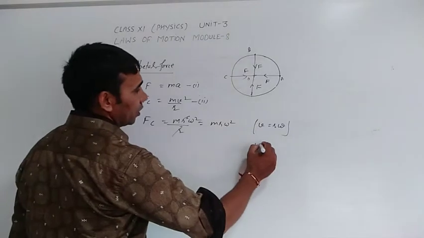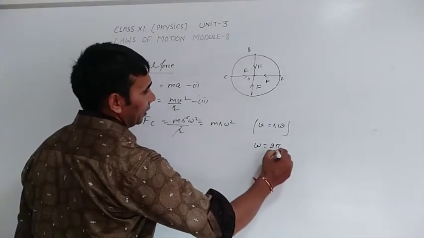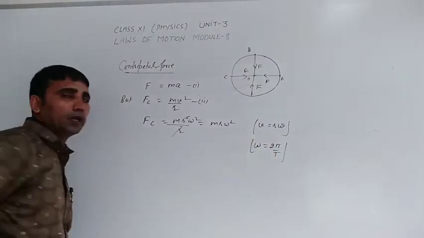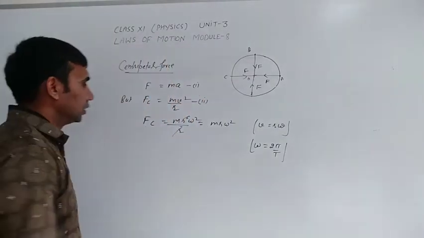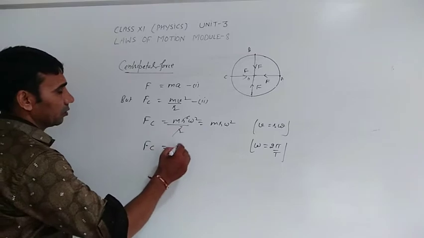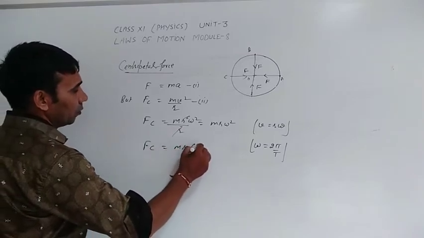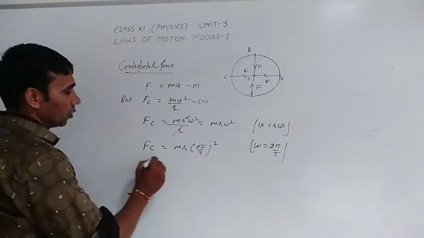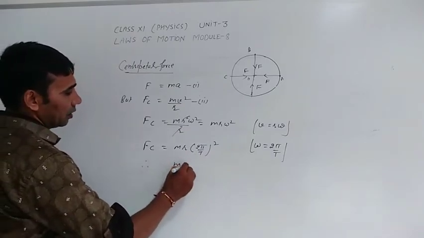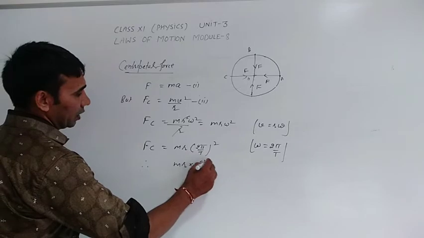Then omega is equal to 2 pi divided by T. We have already discussed that omega is equal to 2 pi divided by T. So centripetal force Fc equals m r times (2 pi divided by T) whole square, therefore m r 4 pi square divided by T square.